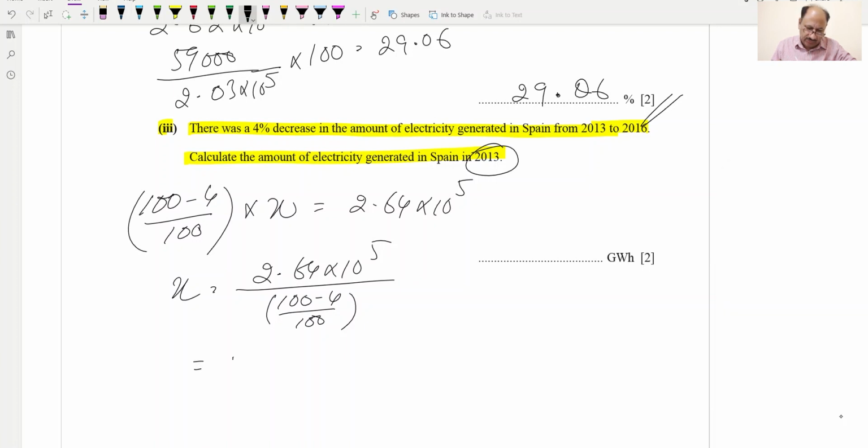We can write here 275,000, and if we want in standard form, we'll have to move this decimal to here, so there will be 5 jumps, so we can write 2.75 into 10 raised by 5 as I told you, or will be positive if we'll be taking jumps to the left.